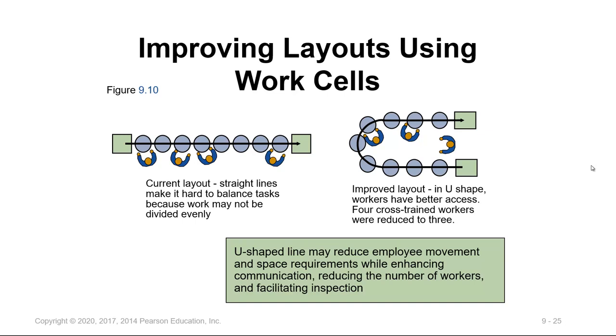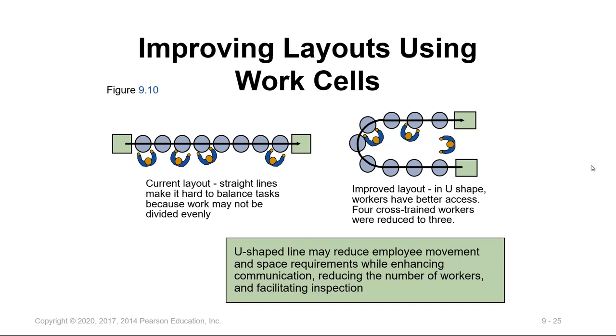Another example is working in a straight line, where it's hard to balance tasks because work may not be divided evenly, and we might see that someone is being exposed to more pressure than other people in that straight line. An improved design is to convert the workspace into a U-shaped cell where workers have better access.